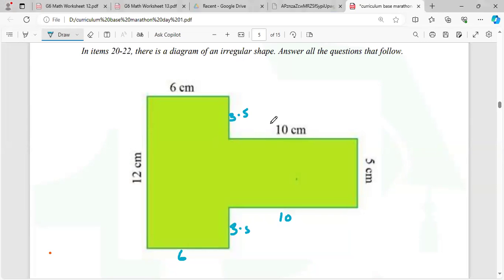That means you have to cut the shape into 2 regular shapes to find the area of each one of them, then you add them. So you're going to cut the first shape into a rectangle and the other one into a rectangle, and find the area of the first one. Where should I draw it across like this? No, sir, go down in the middle.